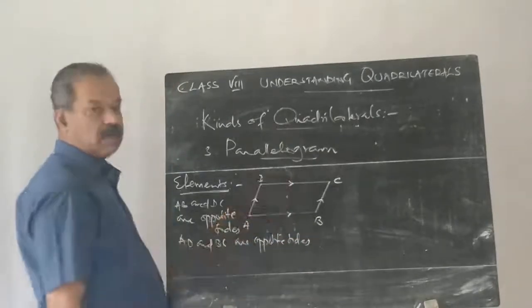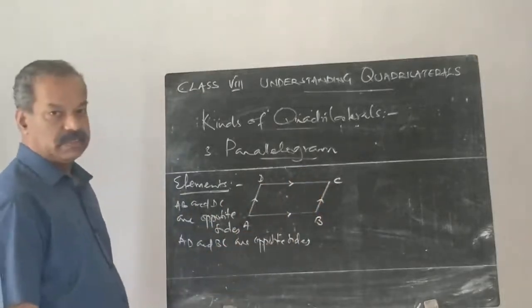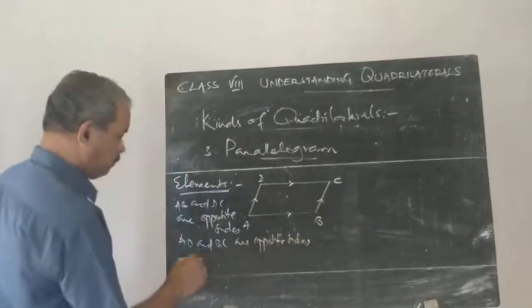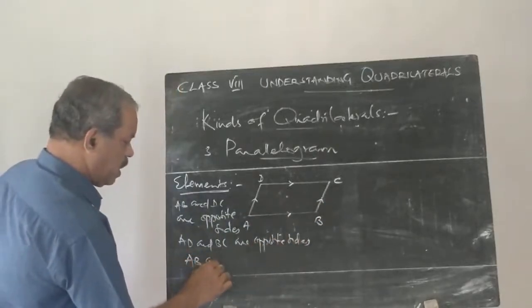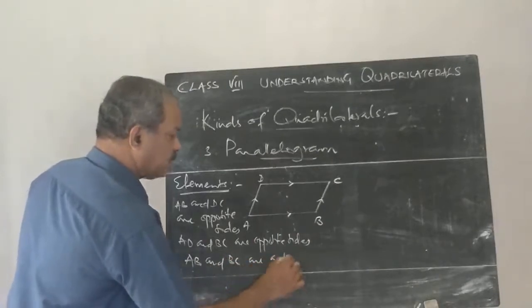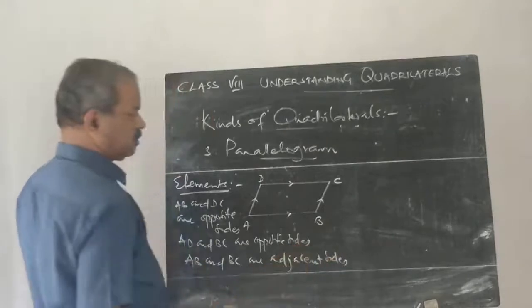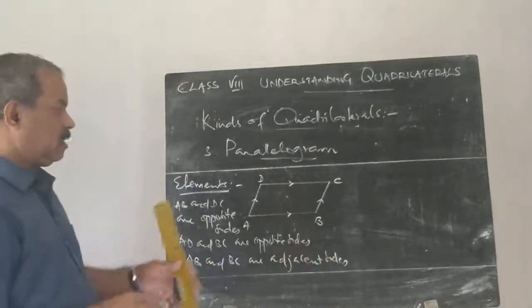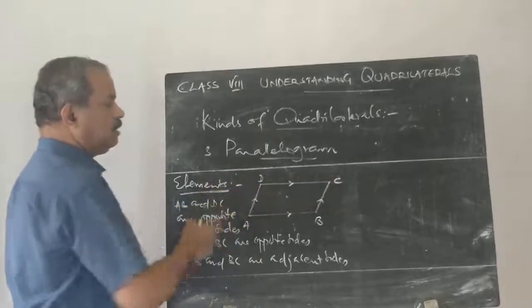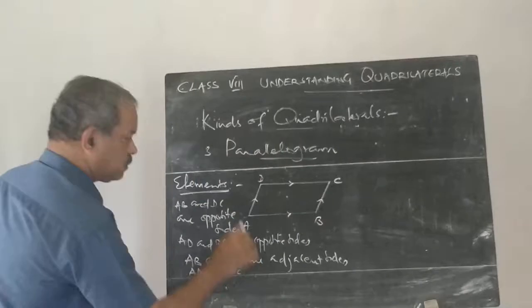AB and DC are opposite sides. AD and BC are opposite sides. What about AB and BC? AB and BC are adjacent sides. What are the other remaining pairs of adjacent sides? AD and DC.